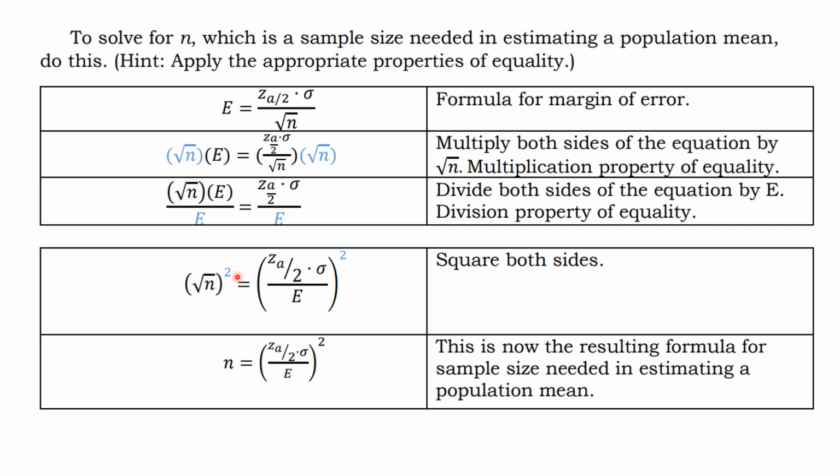By squaring both sides, the left side will be equal to n only, then equals the square of Z sub alpha over 2 times standard deviation, all over E. So this is now the formula to compute the minimum sample size in estimating the population mean. So let's have some examples.